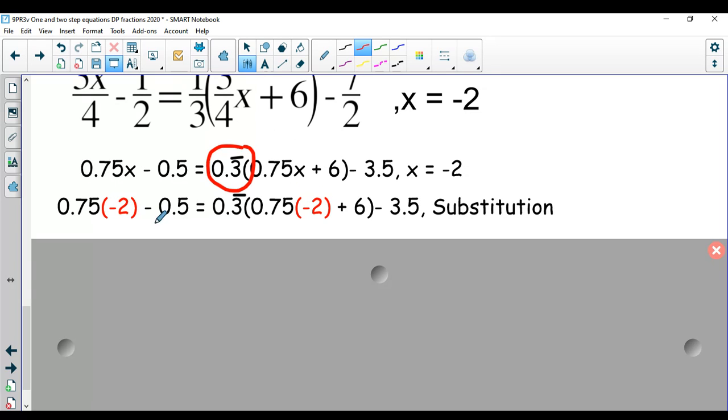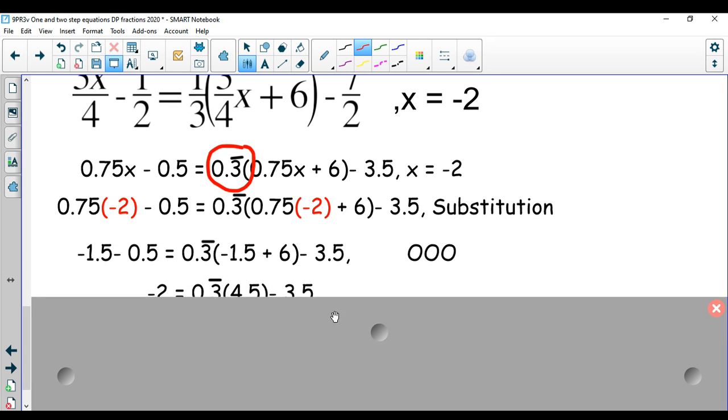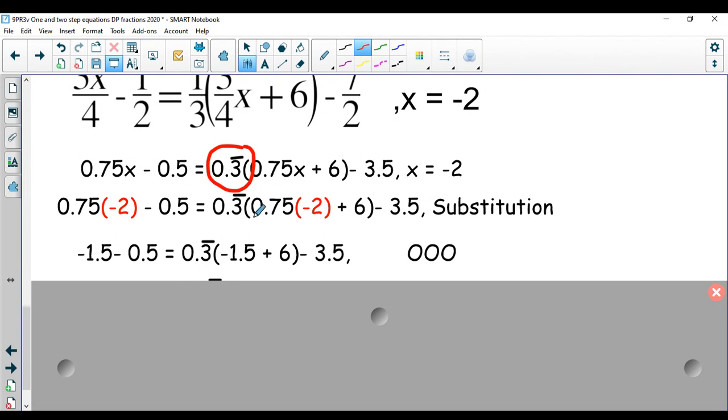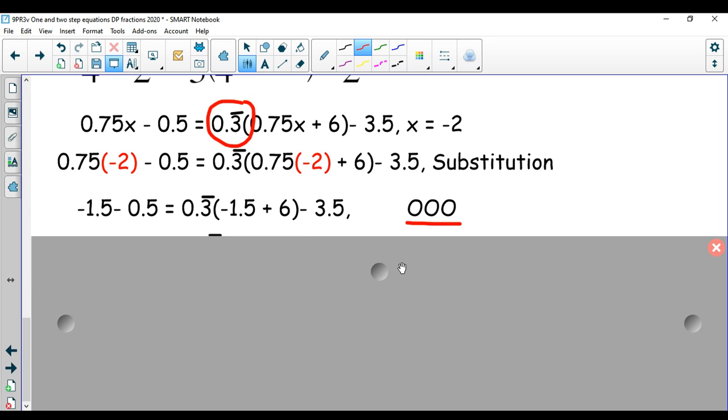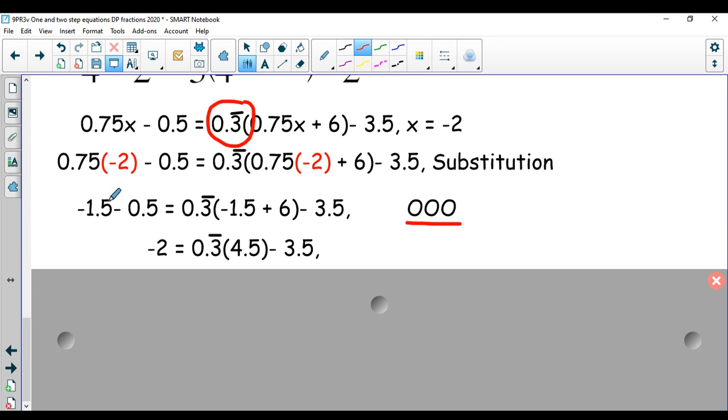We'll talk about that. So at first I did 0.75 times -2. I got -1.5. And same thing inside the brackets. Then I just follow order of operations all the way through. So then I did -1.5 minus 0.5, -2, -1.5 plus 6, 4.5.